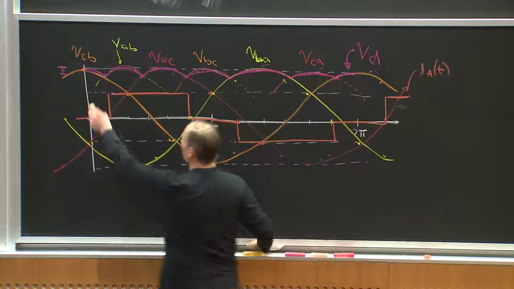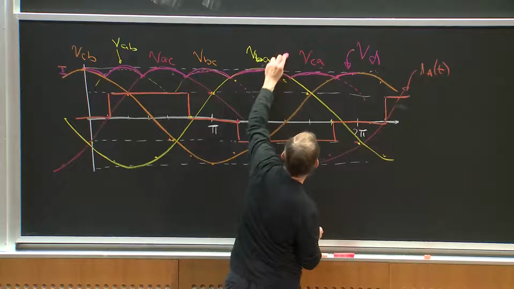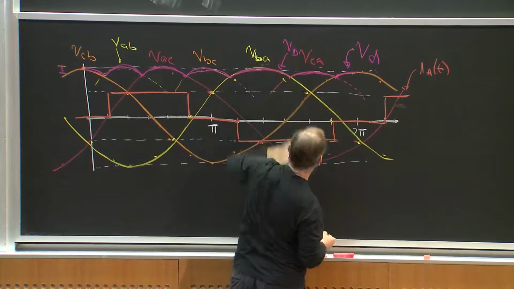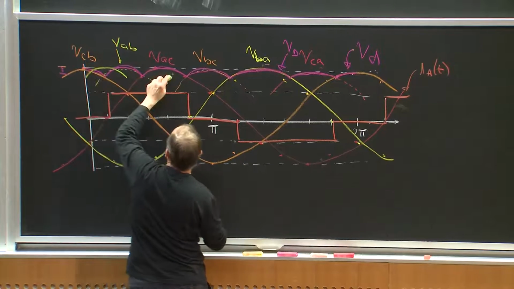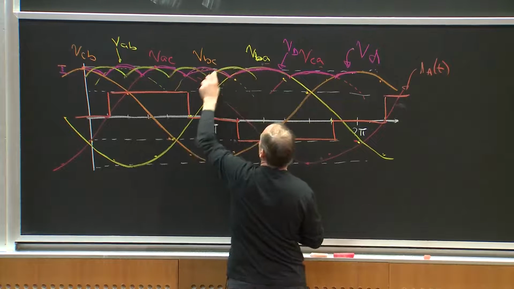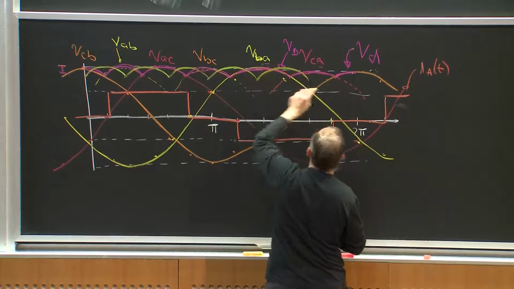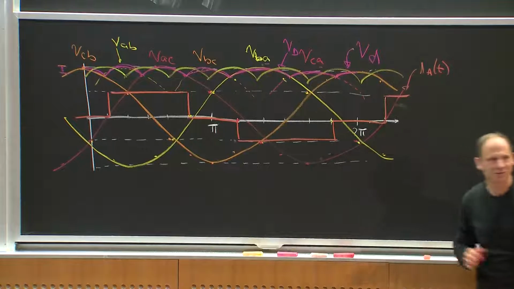So the second one, VD prime, if this is VD, VD prime is just going to do this, and so forth. See where I'm going with this?